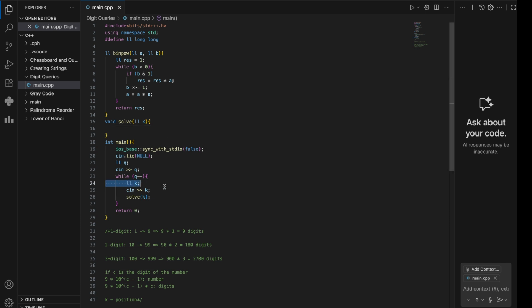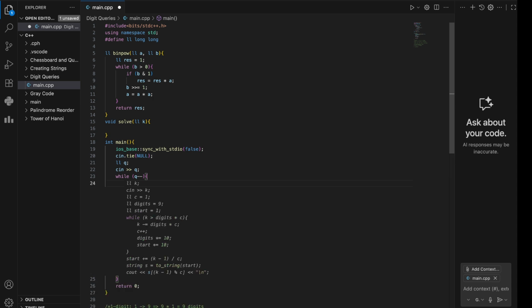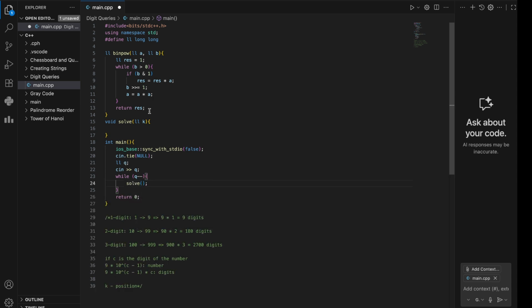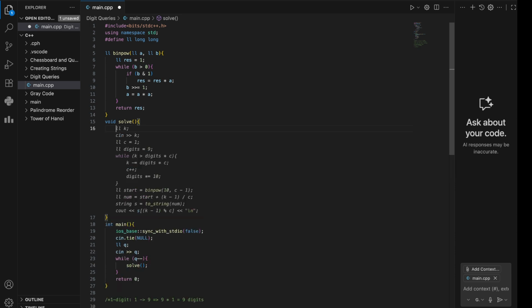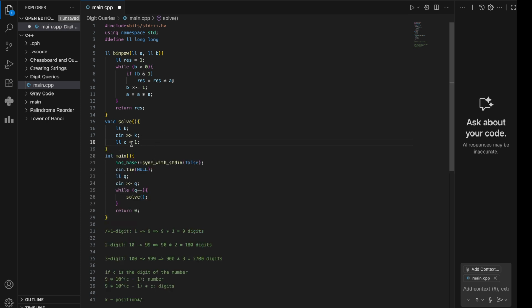C is going to be the current digit count of the block.